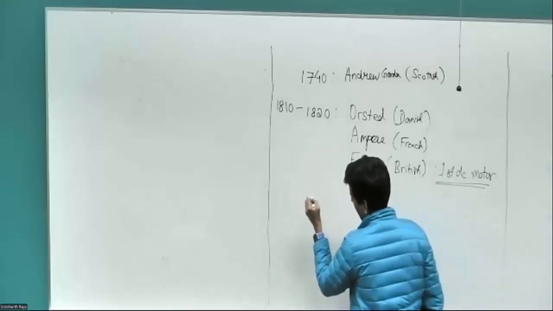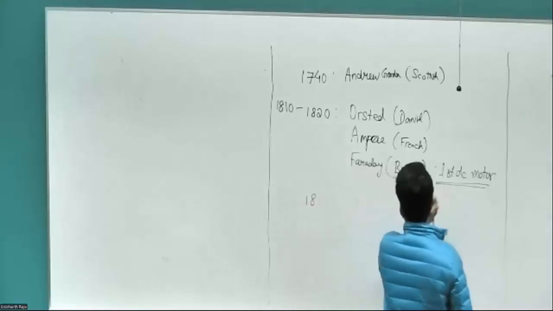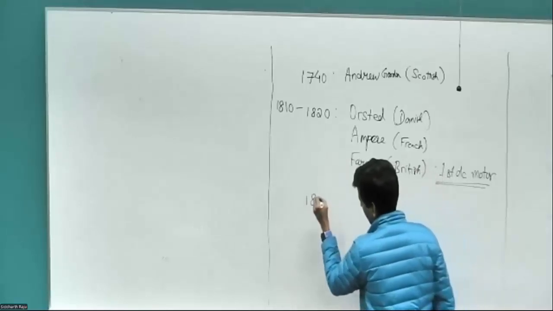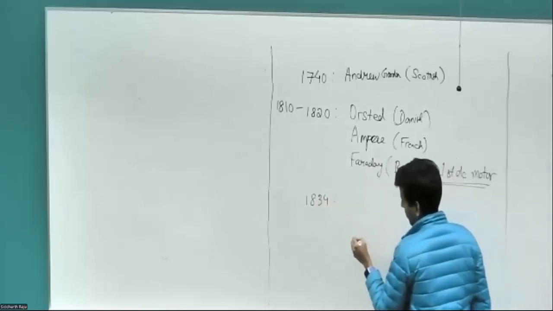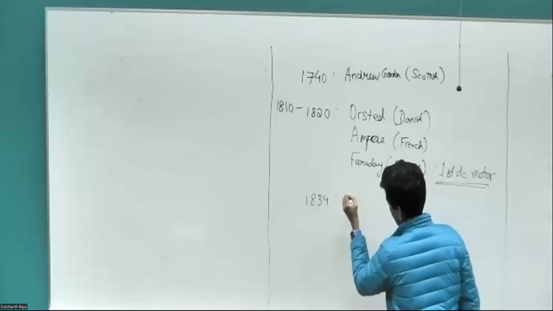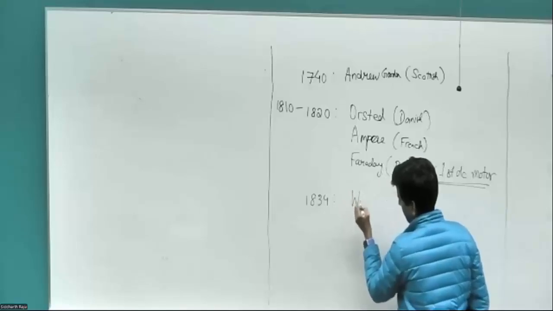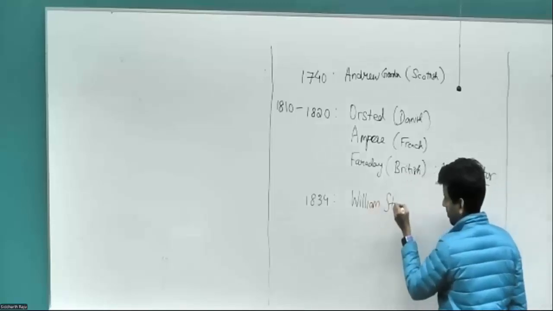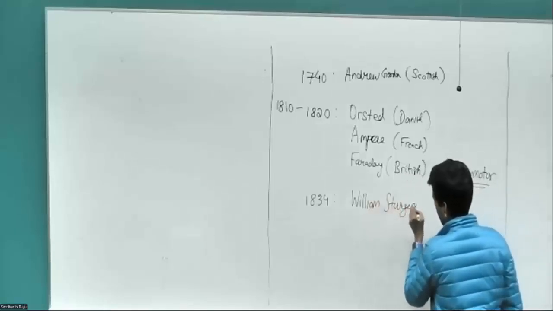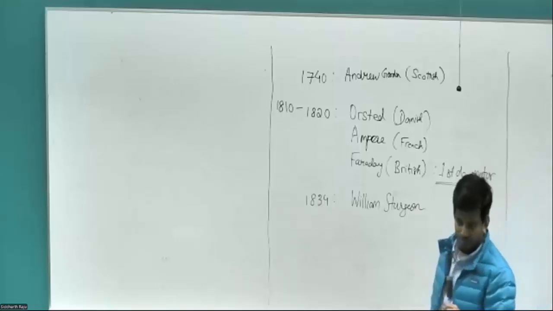So the first motor without this liquid commutator, again a DC motor, was created in 1834 by a guy called William Sturgeon. Anybody want to guess which country?